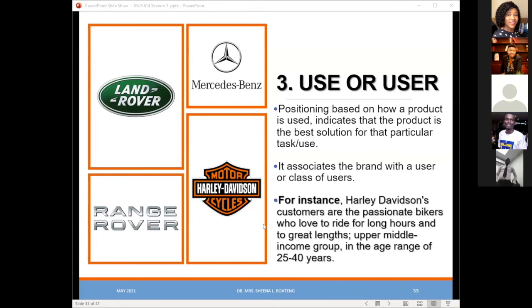Currently, we don't have a lot of Harley-Davidson drivers in Ghana, but there are quite a number of them. And because of that, the Harley-Davidson showroom has been opened in Ghana here, where they sell the bikes and do the servicing as well. Did we know that? Yes. And they even have a club. I think they have a Harley-Davidson club. And they do things from time to time. Exactly.